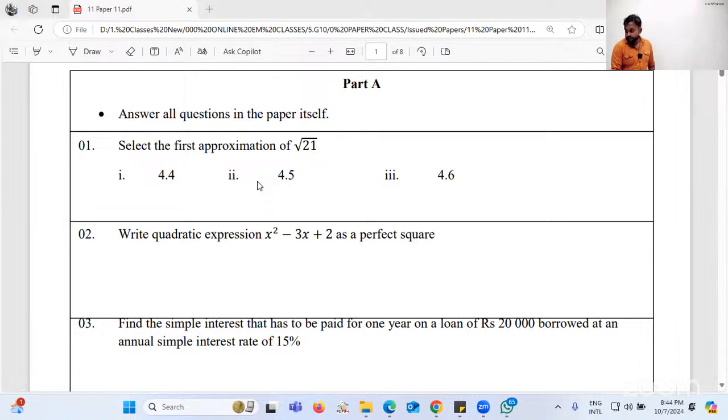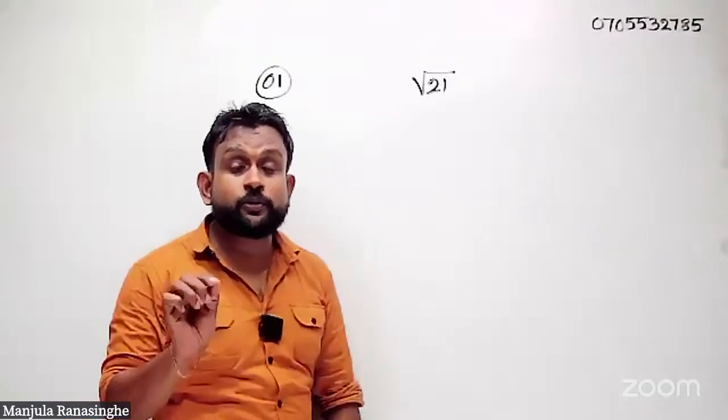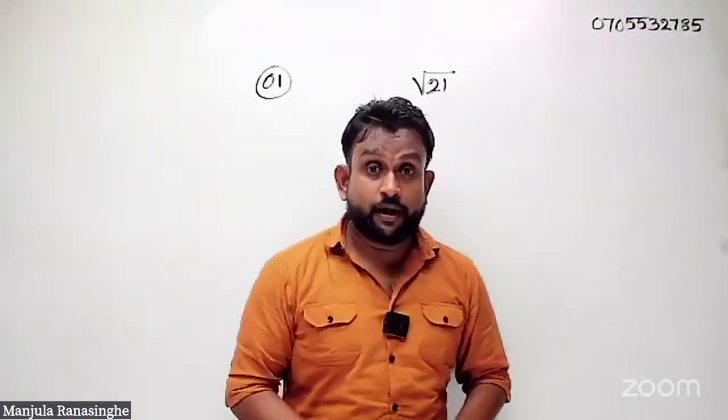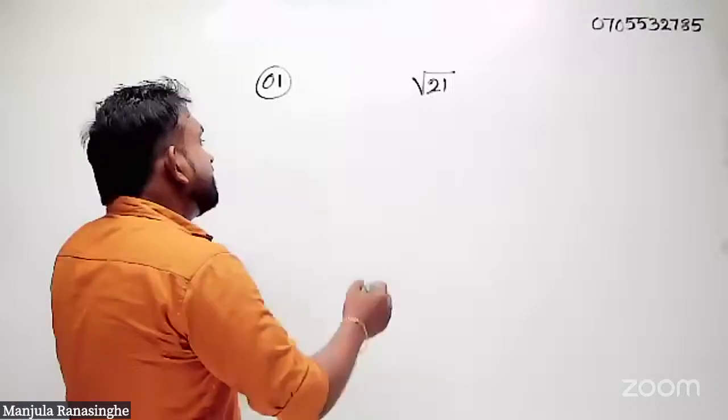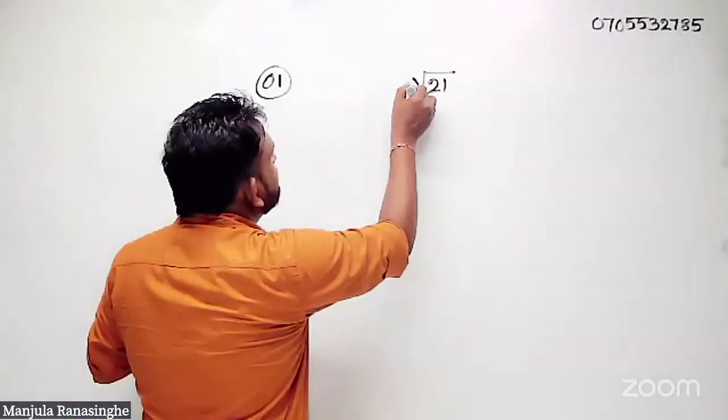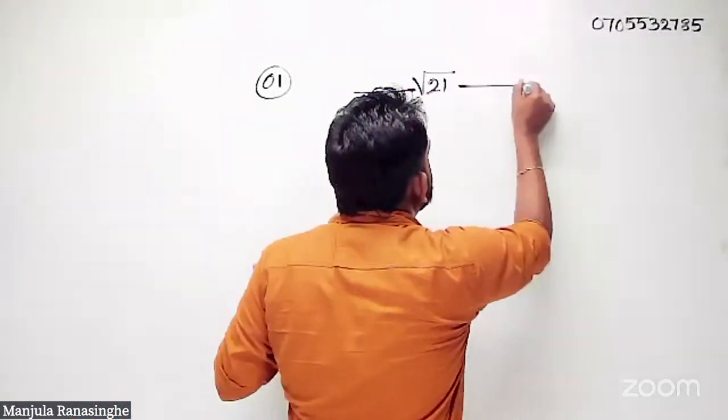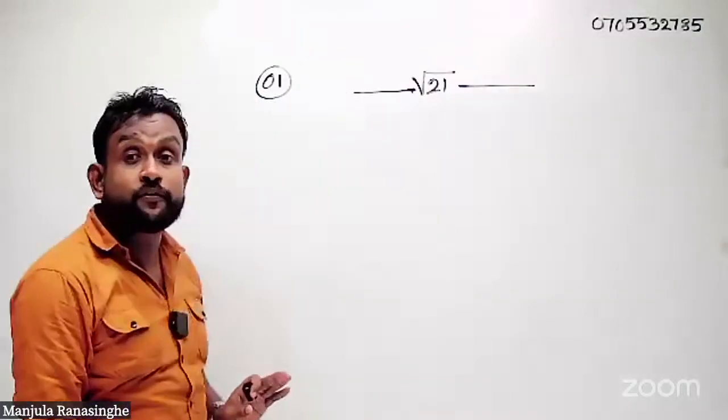The first question says select and underline the first approximation of root 21. Let us see how to deal with square root 21. Take the lower perfect square and the upper perfect square of 21.